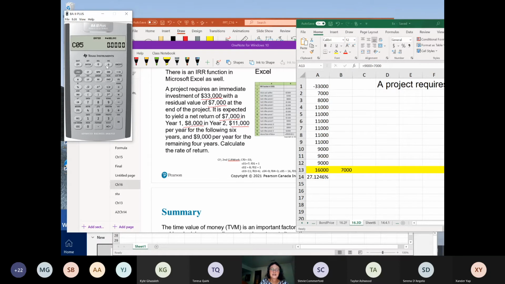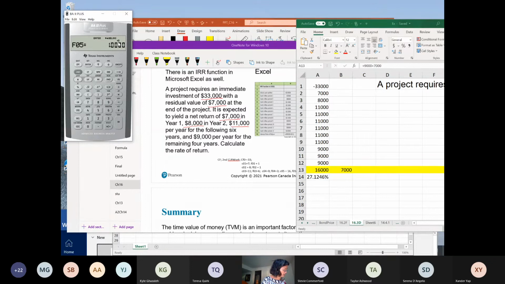Down arrow key. Next cash flow is 16,000. Enter. Down arrow key. And this number happened once. So frequency is 1.